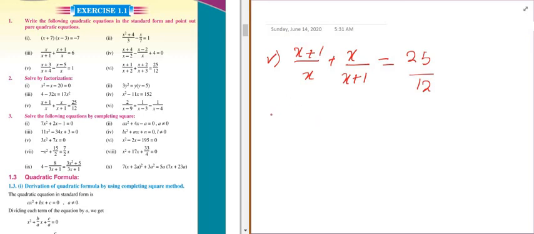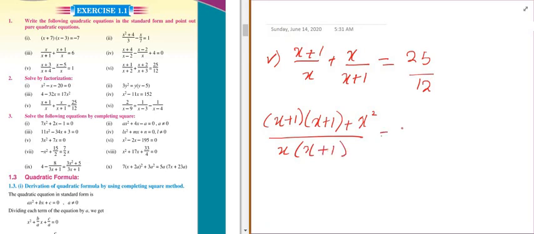Okay, first take LCM, that is x into x plus 1. Numerator becomes x plus 1 whole square plus x square, which is 2x square plus 2x plus 1.